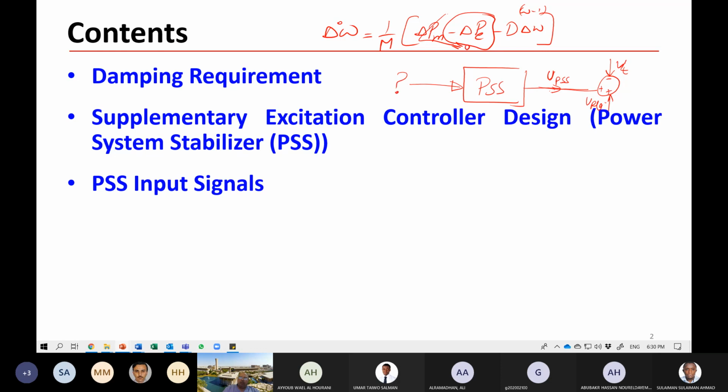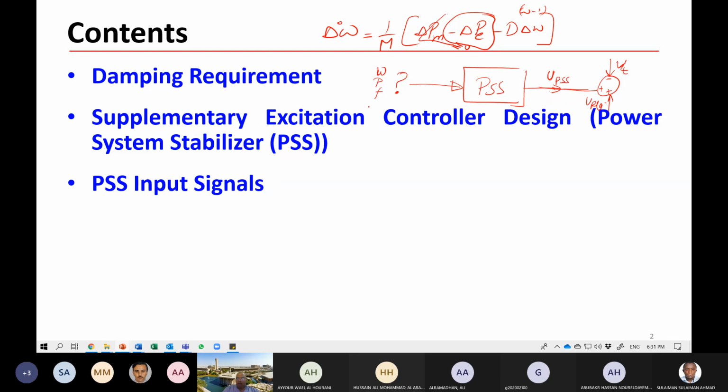What would be the input signal of the stabilizer? What parameter or what variable in the system reflects the oscillations? The straightforward one, or usually the case, you have delta omega. You can measure the speed. You can measure the electrical power. You can measure the frequency.